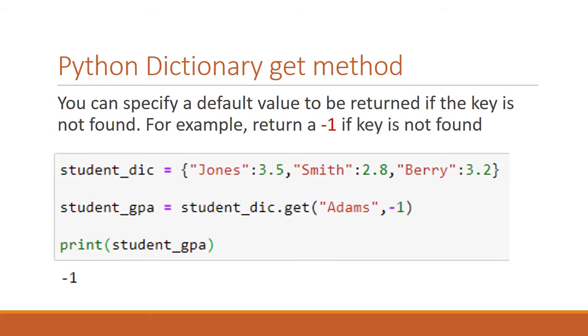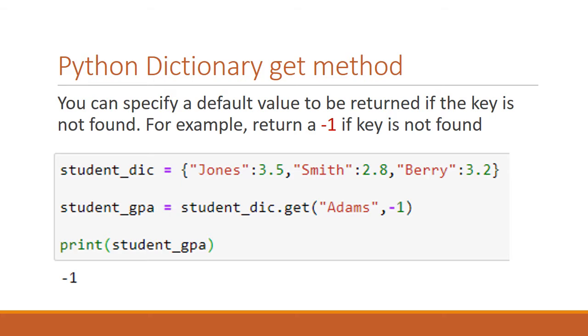The Python dictionary get method provides an optional default value attribute that will allow us to specify what value you want returned if the key is not found in the dictionary. So in our sample code, we say studentDictionary.get, and we're looking for atoms, comma, -1.